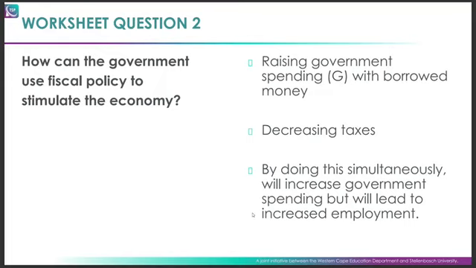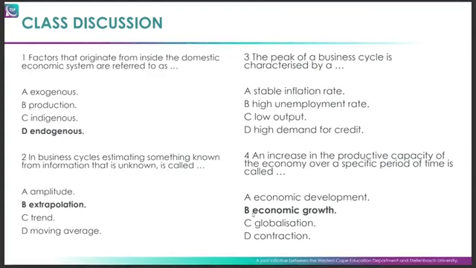Right, then we get to the class discussion. I just need you to look at question 1 very quickly. Factors that originate from inside the domestic economy system are referred to as A, B, C, or D. And now you're probably thinking, but you've given us the answer, you've told us it's endogenous.